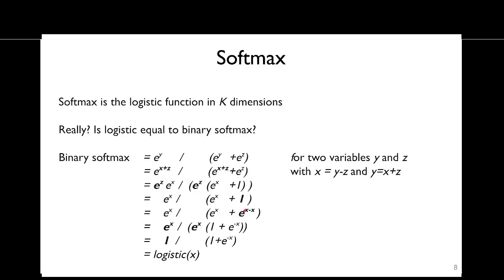Now we see e to the power of x here, here, and here. We can bring it to the front and cancel it out. And that means we have 1 divided by 1 plus e to the power of minus x. And that's exactly the formula of the logistic function. So softmax is a high-dimensional version of the logistic function, and the binary softmax is the logistic function.